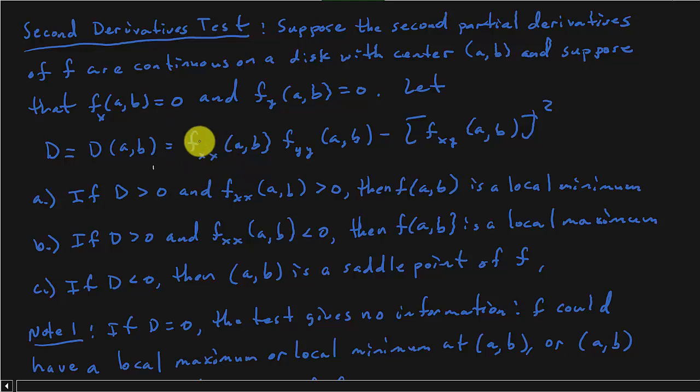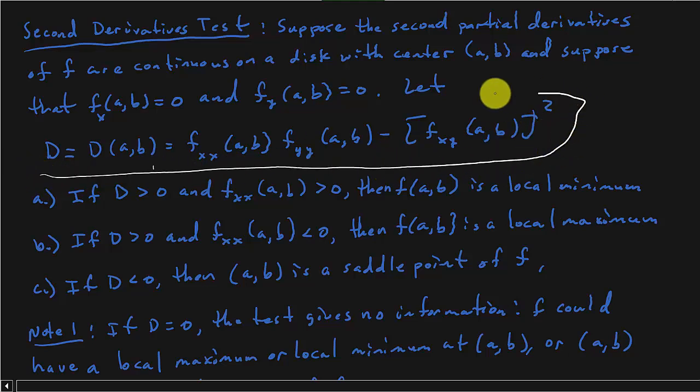So that is equal to the second partial with respect to x of (a, b) times the second partial with respect to y of (a, b) minus the second partial of f with respect to x and then y of (a, b) squared. So this is D right here. You have to know this formula.